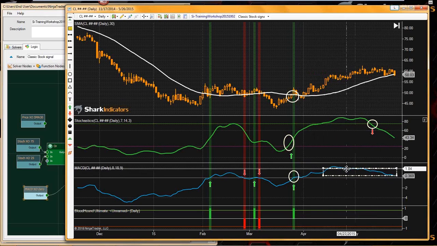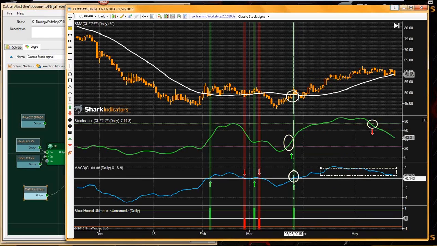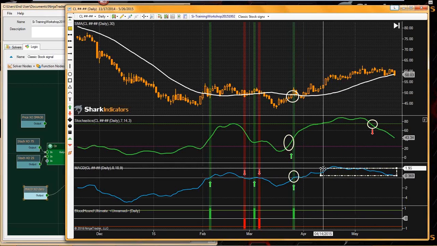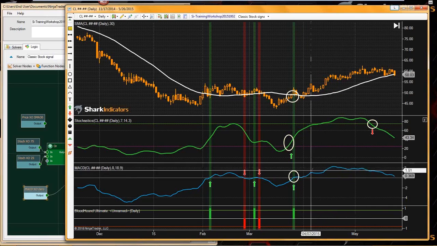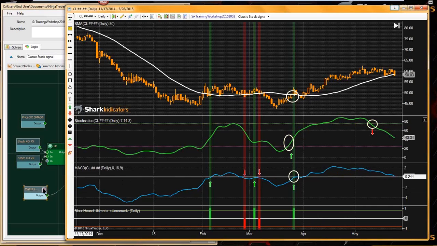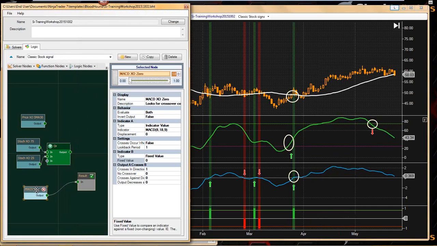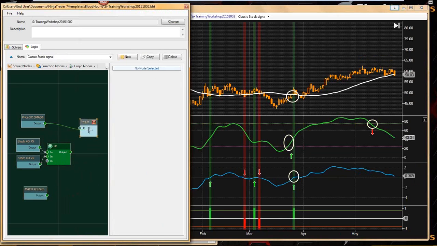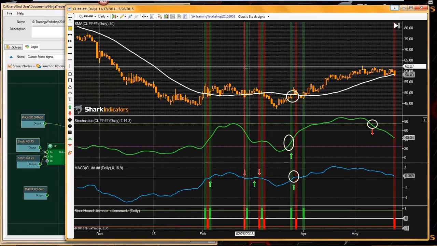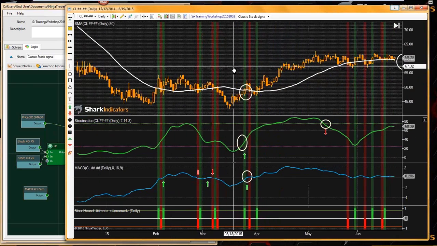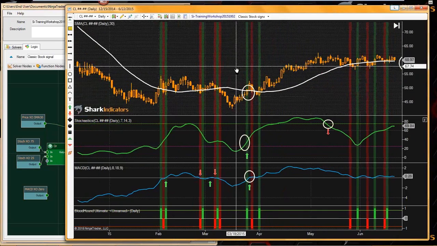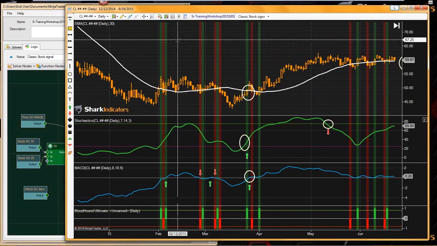But I don't want a long output down here. I only want a long output at the crossover point and also 2 days after. Before I explain that, let me go in and mark a bunch of crossover signals here.